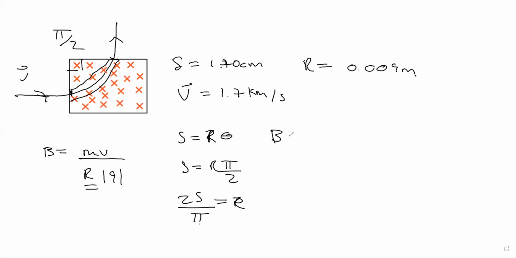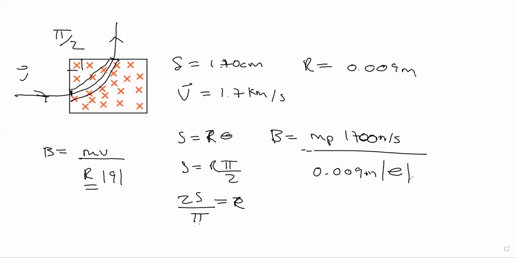So B is equal to the mass of the proton times the velocity in meters per second over this 0.009 meters times the charge of the proton.